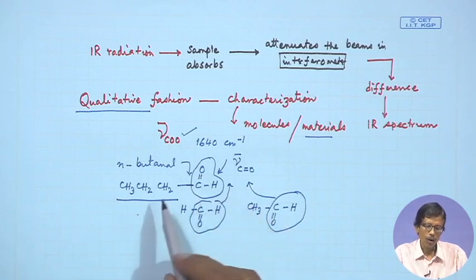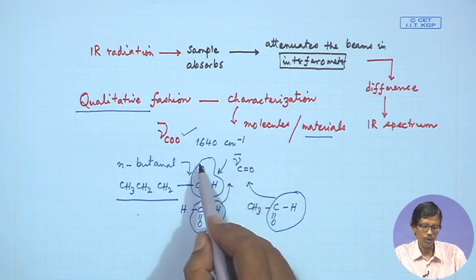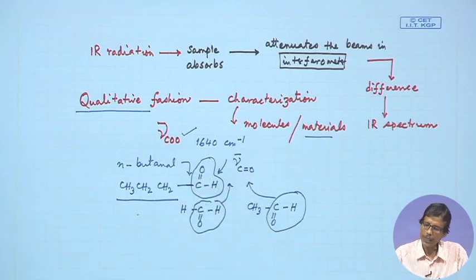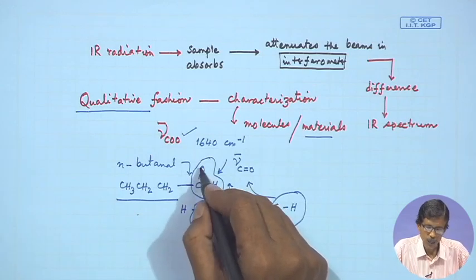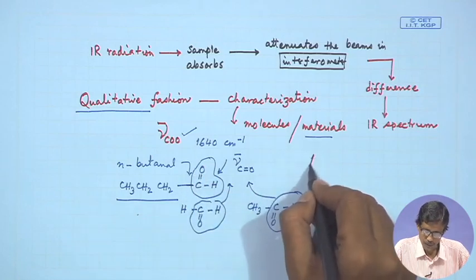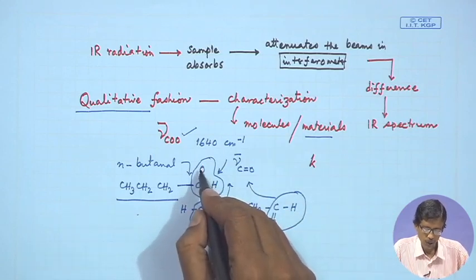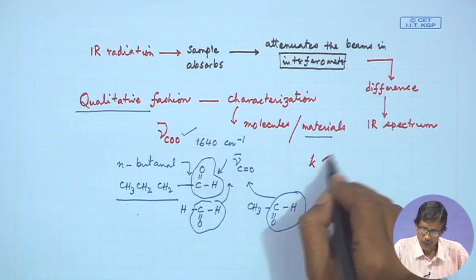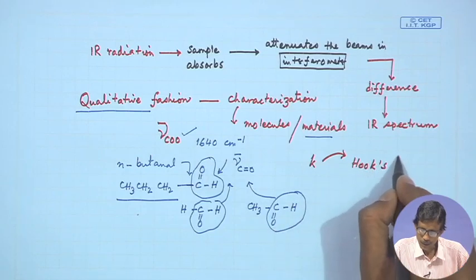Those will not change this particular stretching frequency very much, because this stretching frequency is determined by the mass of this carbon and oxygen and the corresponding force constant. The small k value is the force constant which is attaching this carbon to this oxygen, and it is governed by Hooke's law.